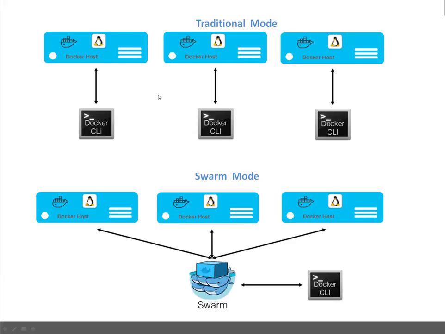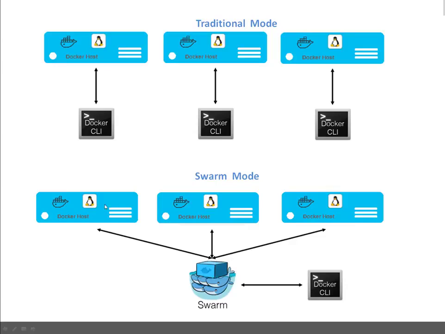That's the traditional mode. In Swarm mode, what happens? We club all the Docker hosts as a combined entity under a cluster, and the 4th node, which is our Swarm host in this example, is managing all the hosts, and we are only interacting with the Swarm host, or you can say Swarm manager, and this manager sends instructions to this particular host, like create this Linux instance, do this.